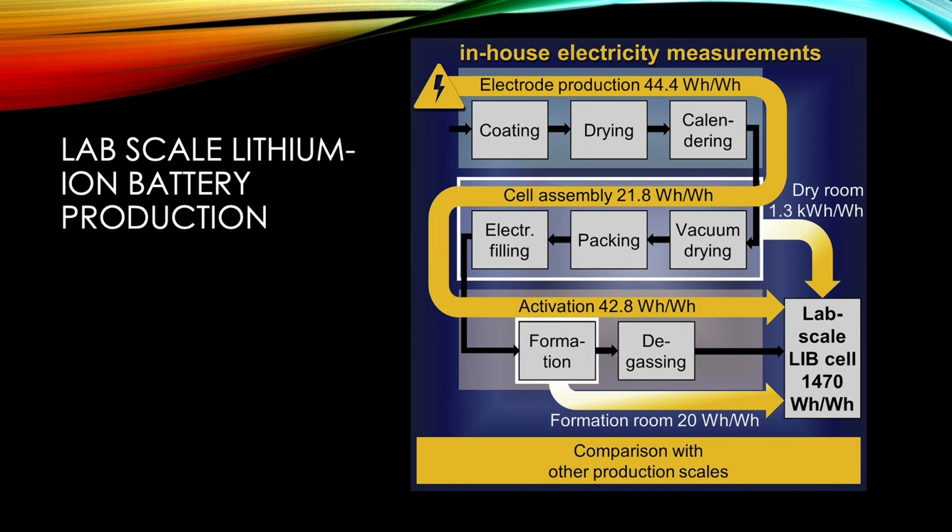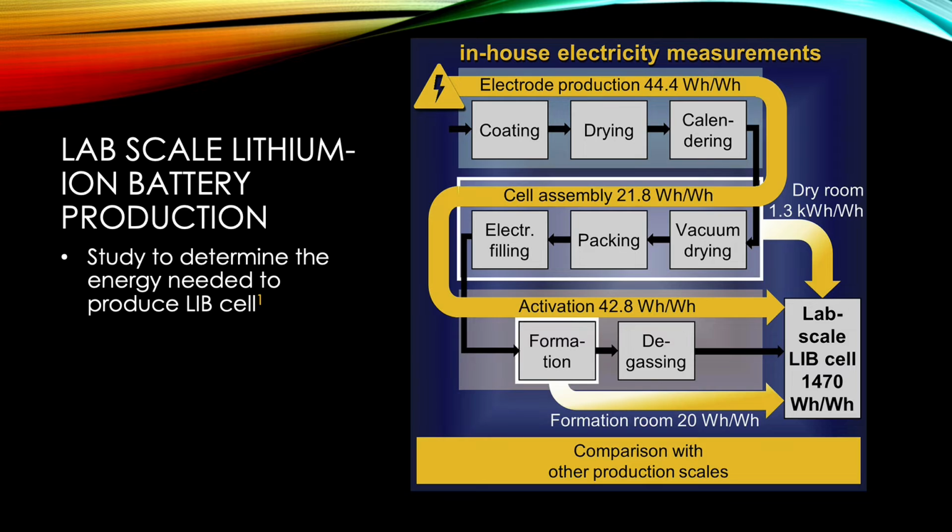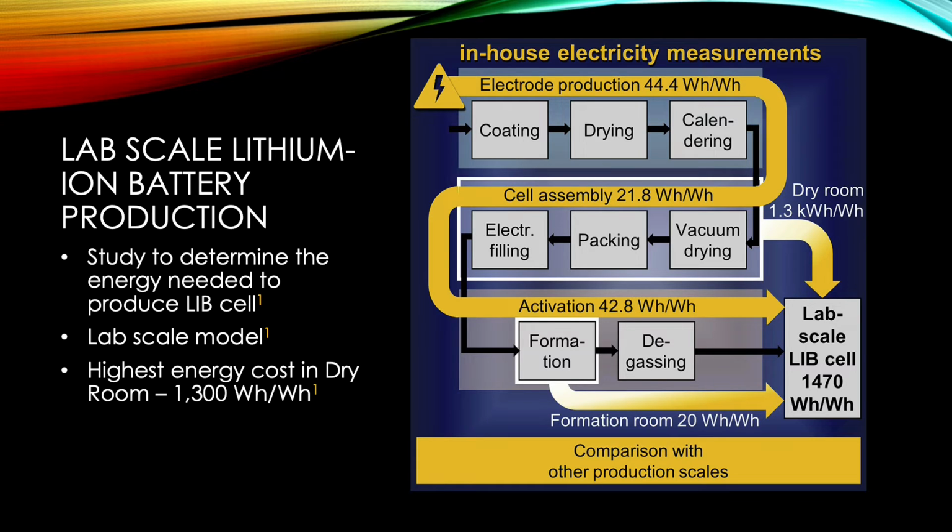So how much energy does it take to produce a lithium-ion battery cell? A study was needed to determine the energy needed to produce a lithium-ion battery cell. This was a lab-scale model, and the highest energy cost in the process was 1,300 watt-hours for every watt-hour of battery storage, and that was the dry room.